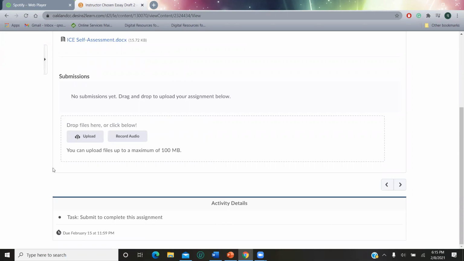I use the comments a lot. I use color coding and everything like that. But when you're making your revisions, make sure you revise on your own original draft. Okay, your original draft is still in your assignment folder, or it's probably on your computer somewhere, wherever you have it saved.